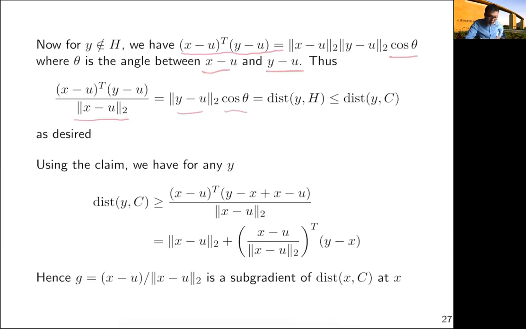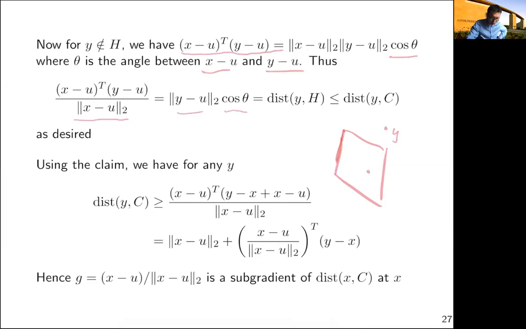And what is that? Suppose you have this half space, and you have this y that's right here, and u is some point here.